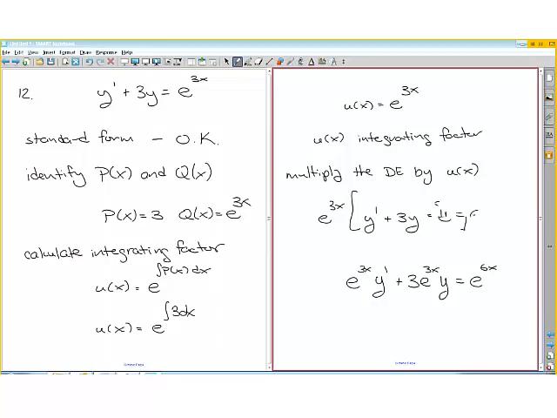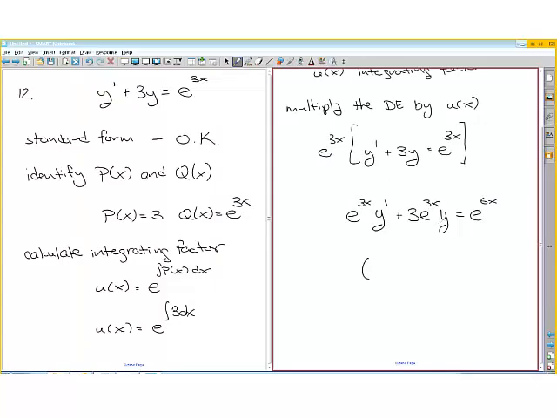Okay, now, because of the way we calculate the integrating factor, we can say that this is equivalent to e to the 3x, which is this term, times the term here, just the y part, prime.